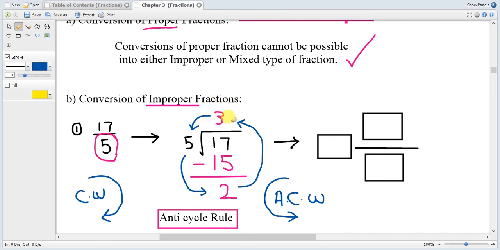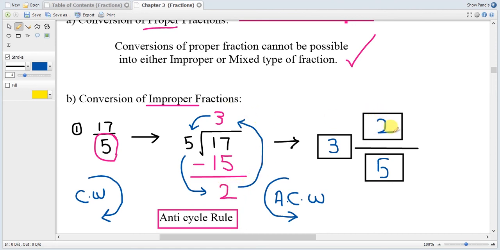This 3 is right now at the top. We shift it to the left side. The 5 moves to the bottom, and the 2, our remainder, moves to the top.